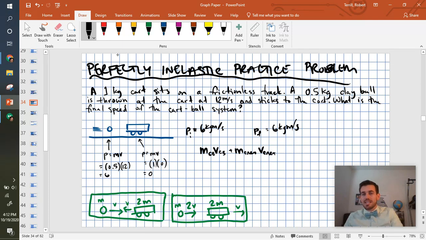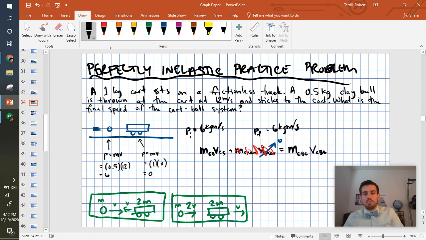Those two momenta at the beginning are going to be equal to the mass of the clay ball and cart times the velocity of the clay ball and cart. So mathematically, we already decided that this guy here is 0. Therefore, the entire thing just gets scrubbed because it doesn't matter what the mass is. If it's multiplied by an initial velocity of 0, it has no momentum.